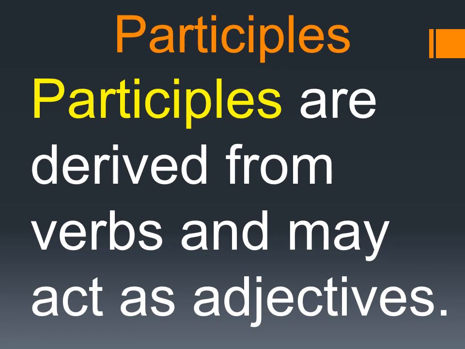Participles are derived from verbs and may act as adjectives. Adjectives are the words which describe a noun or anything else. So when we have a descriptive word in the sentence and that is the form of a verb, that is known as participles.